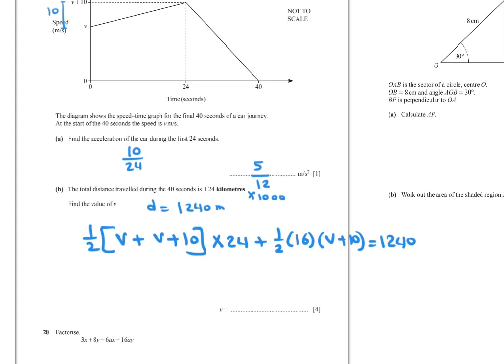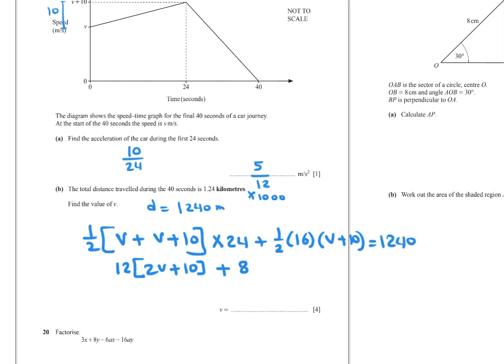Now we can simplify. Half times 24 equals 12. So 12 into v plus v equals 2v plus 10, plus half times 16 equals 8.